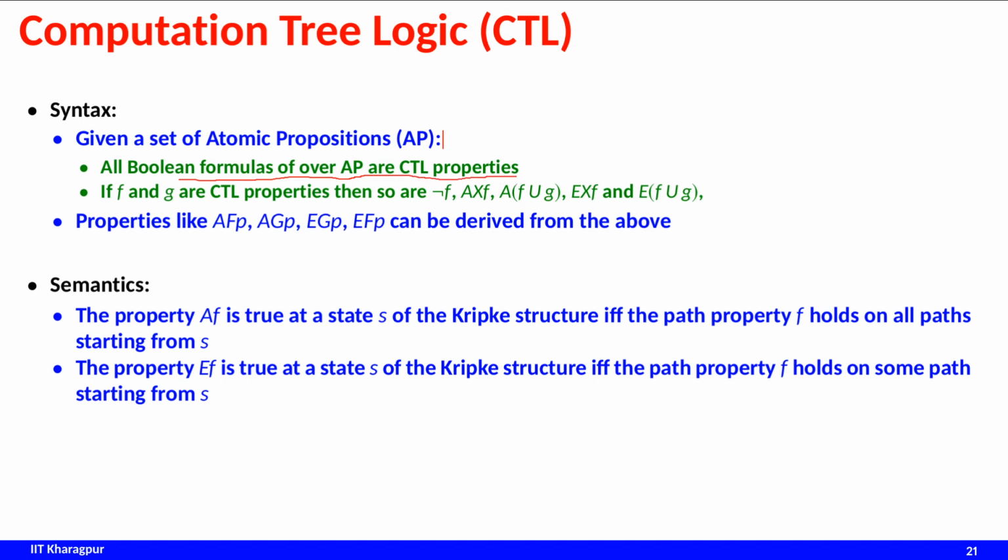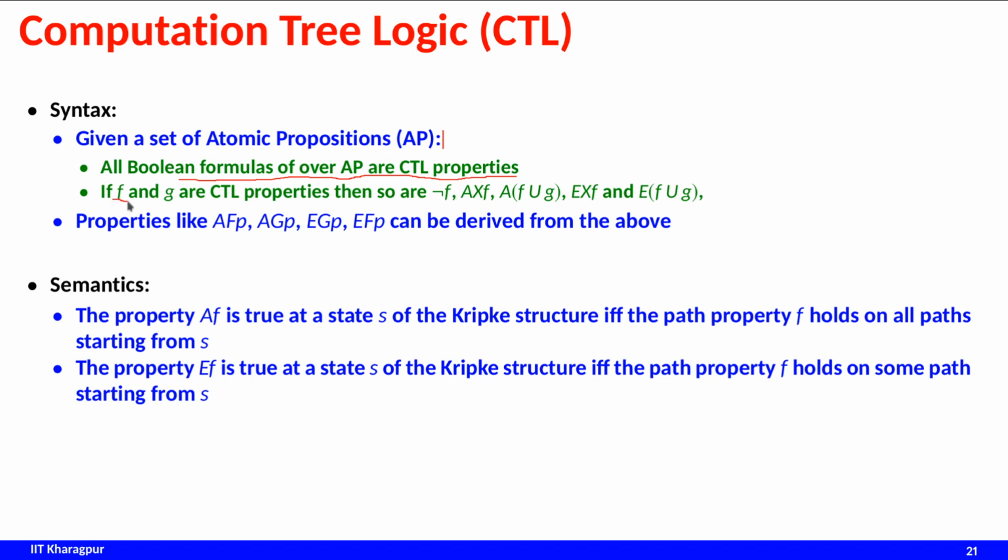That is the basic definition. So if I have a Boolean formula that does not span over time, it will still be considered a CTL formula. Now let's say F and G are some CTL formulas.